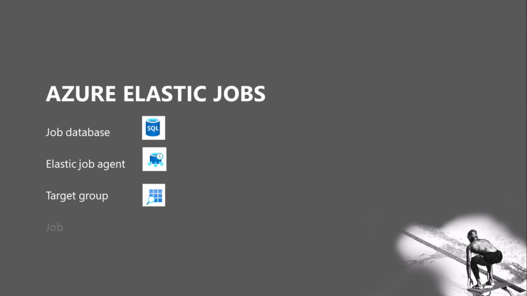And I like to think about this as an MSX, TSX, master target servers-ish solution, because it kind of works in a similar way, but it's more flexible, and I like it, and you'll see in the demo how it works in practice.